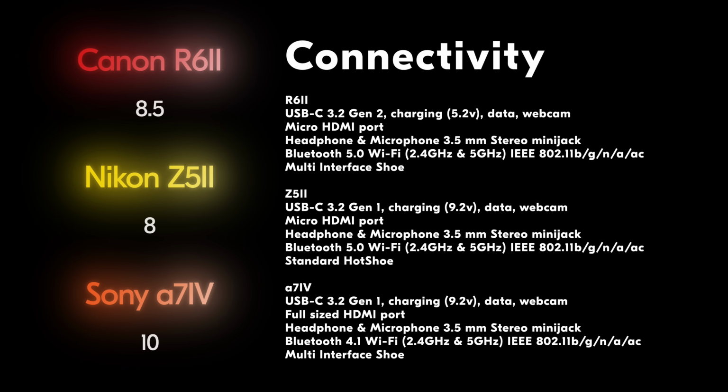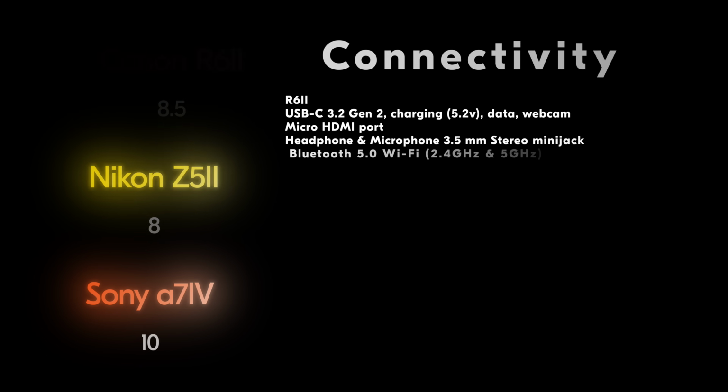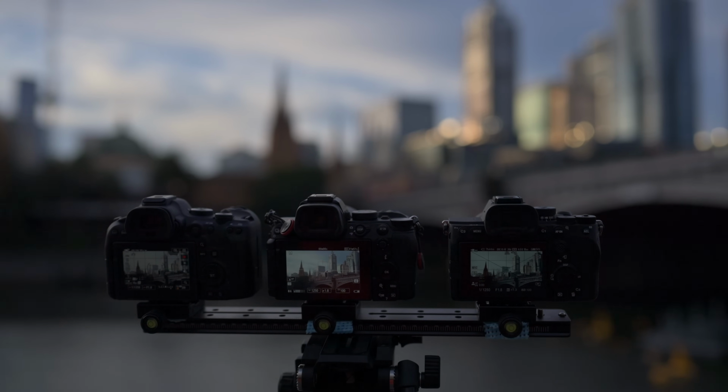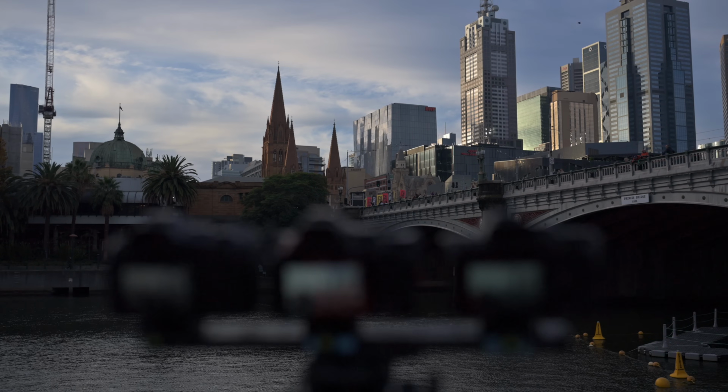And then finally, the Sony is slightly slower when it comes to Bluetooth. These largely minor differences will not affect the majority of use cases or the majority of users that will purchase these cameras.